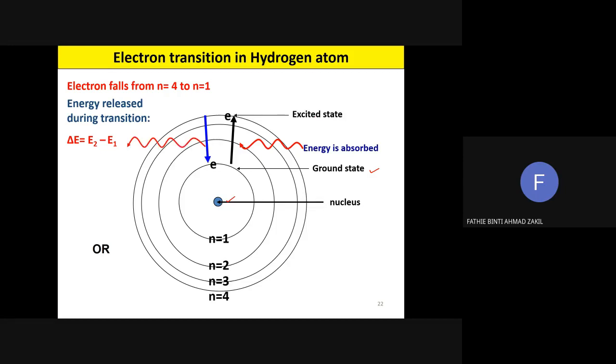So you boleh calculate delta E sama dengan E2 minus E1. Dia initial dekat E1, final dia dekat E2 tadi. So kita tahulah N1 sama dengan 4, N2 sama dengan 1. So you boleh calculate yang ni by using this formula.